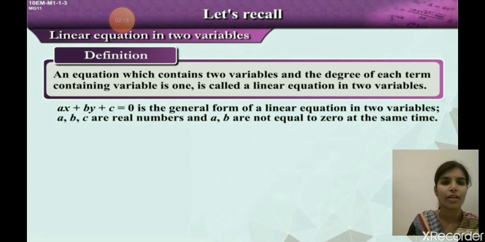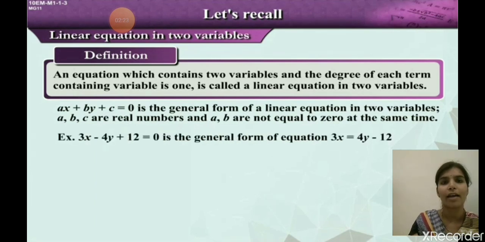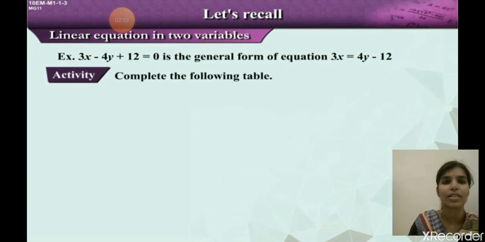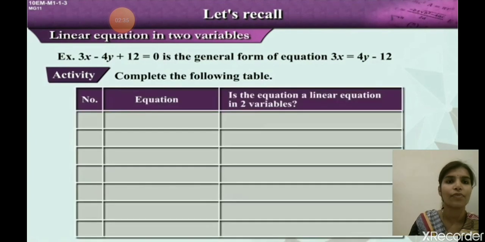The standard form we already discussed: ax + by + c = 0, where a, b, c are real numbers and a and b are not equal to 0. We are taking one example: 3x - 4y + 12 = 0. So the general form of the equation is 3x = 4y - 12. Then we complete the following activity.